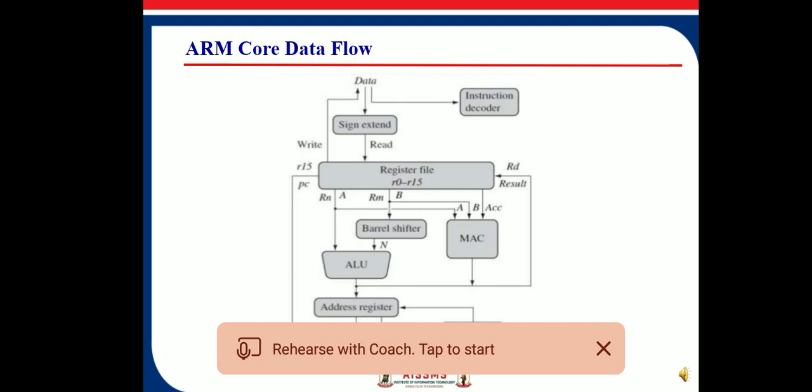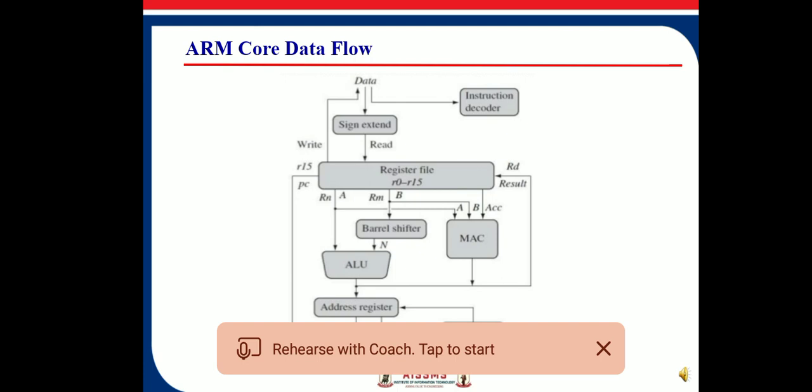The ARM processor core is a 32-bit processor, so most instructions of the ARM processor treat registers as holding signed or unsigned 32-bit values. When the processor reads a signed 8 or 16-bit number from memory, the sign extend hardware converts these numbers to a 32-bit value and then places them into the register file.